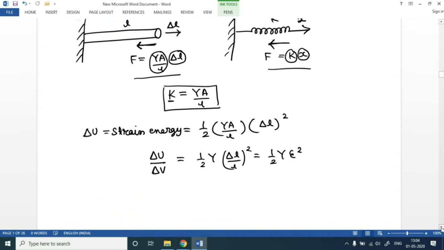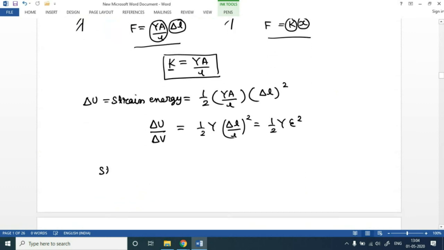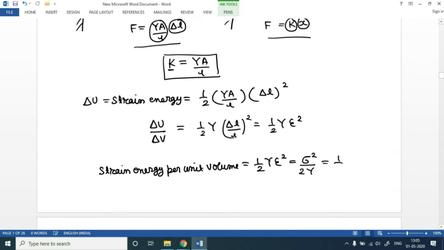So the strain energy per unit volume, or the energy density, is equal to half Y into epsilon square. Alternatively, if you write epsilon in terms of sigma and Y, this will turn out to be sigma square upon 2Y, or it can also be written as half into sigma into epsilon.